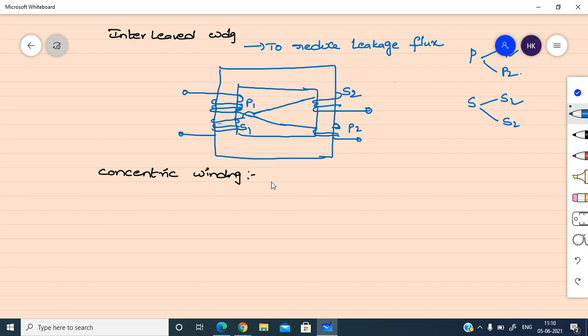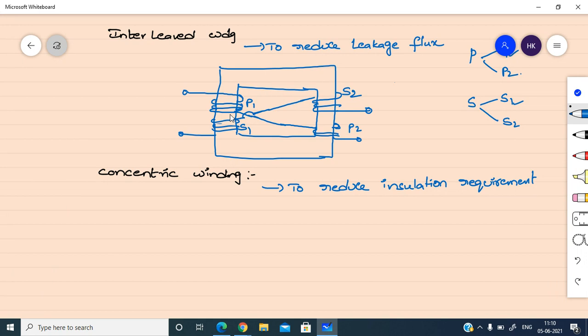Concentric winding is used to reduce the insulation requirement. See, whenever you are connecting these wires, primary and secondary, there is insulation between those two.